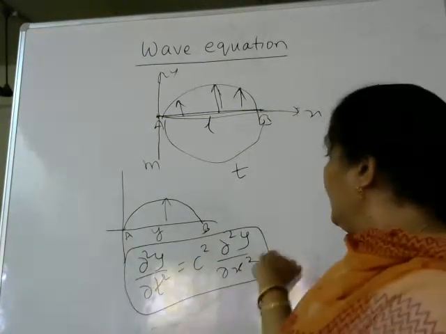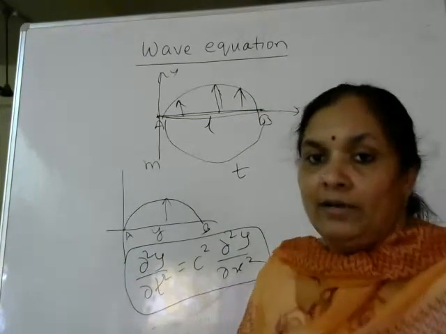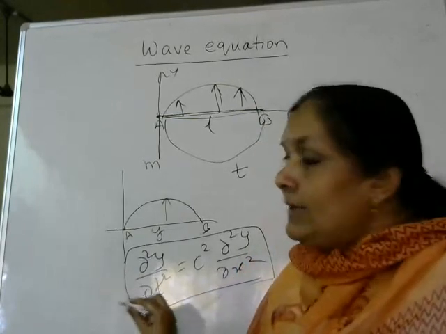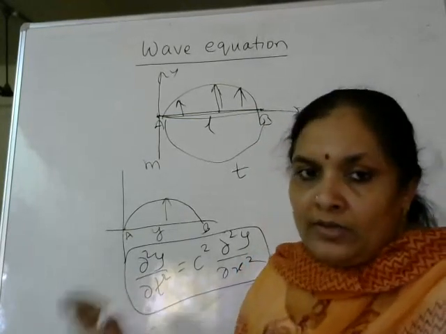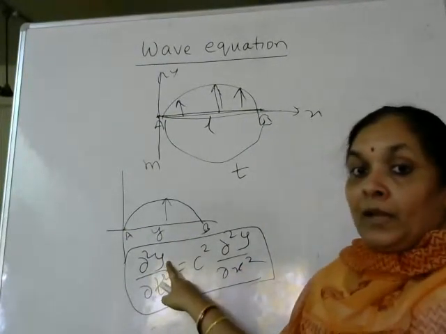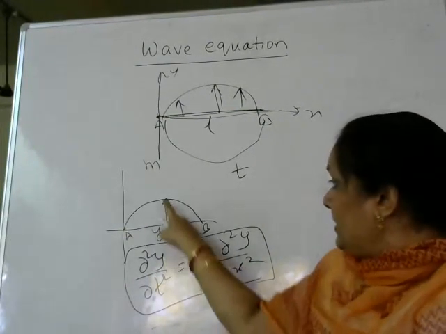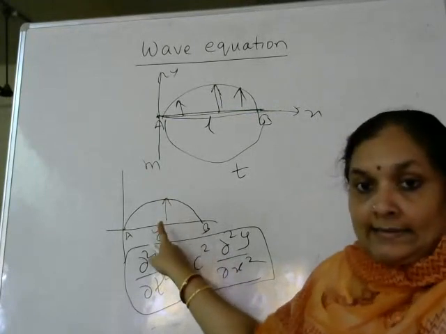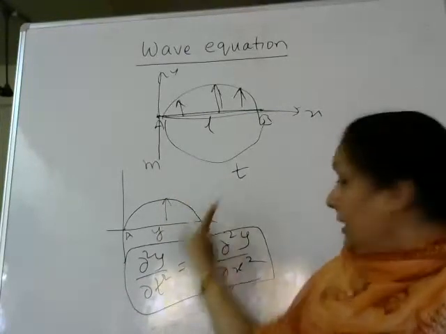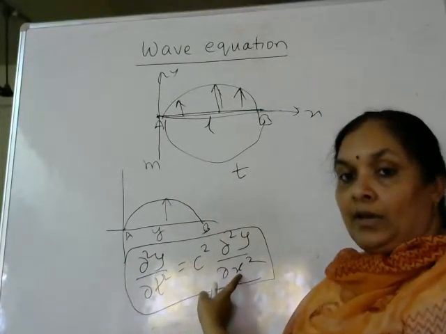This represents the wave equation. I think you have already learned this wave equation in your physics part. Now we are going to learn the physical and mathematical meaning of this wave equation. Y represents the displacement of the string, how much displacement it has on the y-axis. It is a function of the length of the string and the time, so x represents the length of the string.